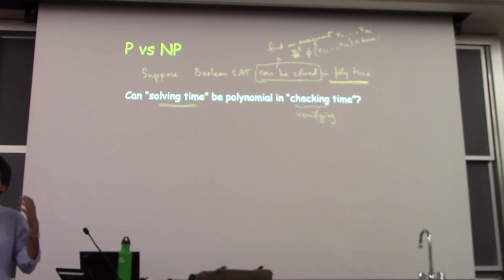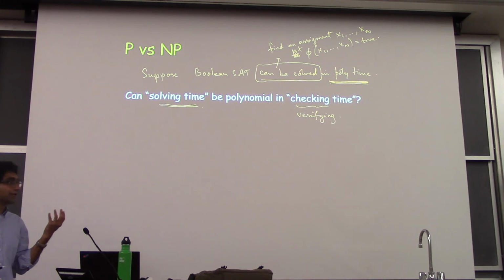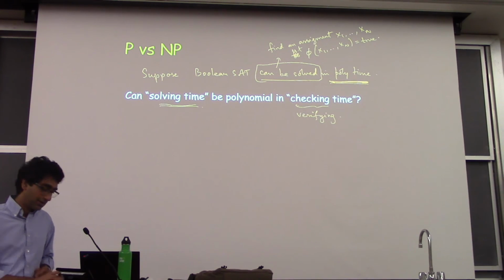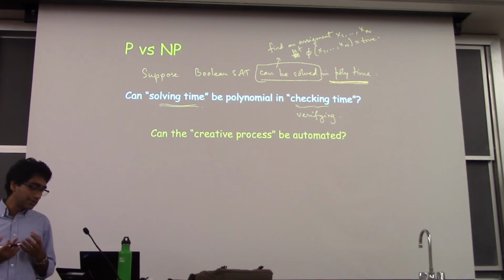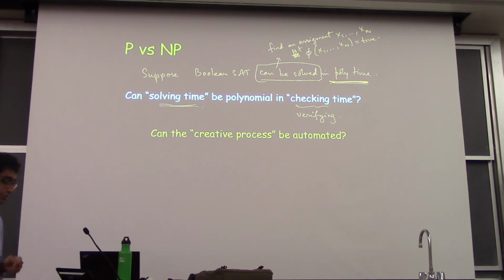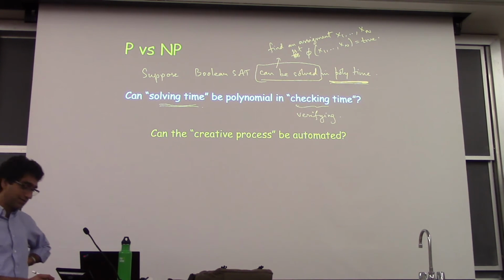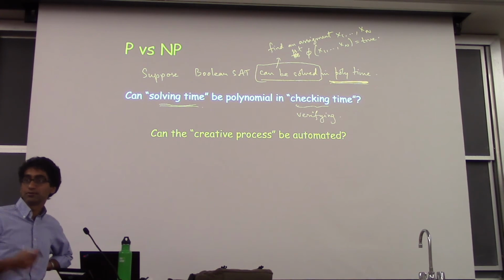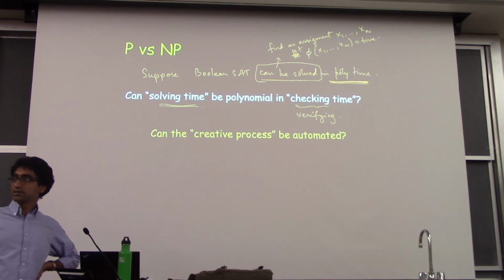That's why it has these philosophical implications, that in some sense you can automate this creative process. It would be great for doing homework, but bad for various other things. So that's what P versus NP actually says. This is how you should understand it.